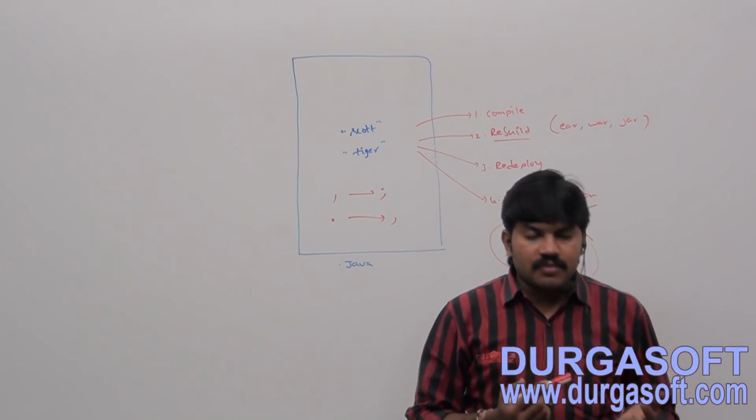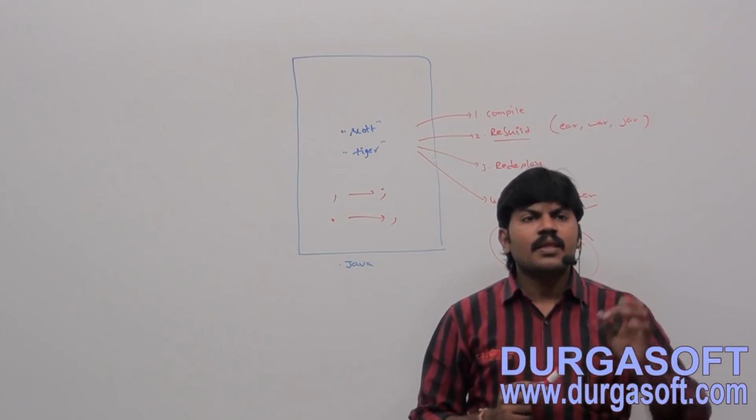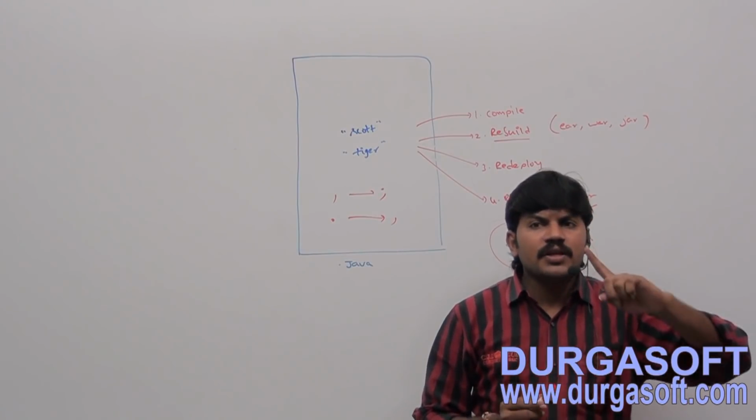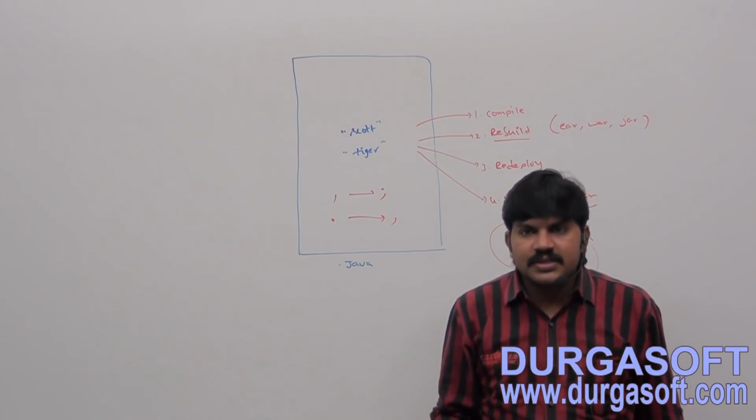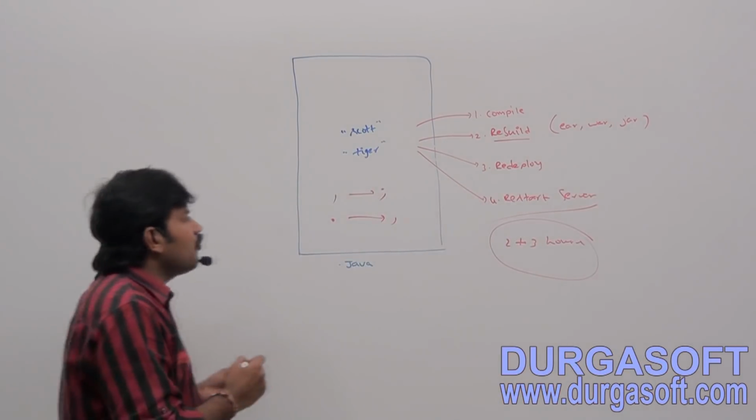Then immediately you ask, sir, what is the solution for that? The best solution: if anything changes frequently, such type of variable things we have to configure in a properties file.